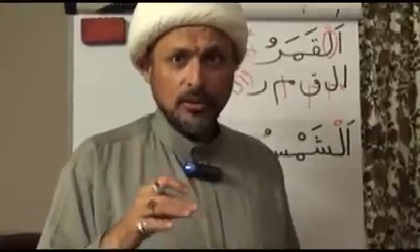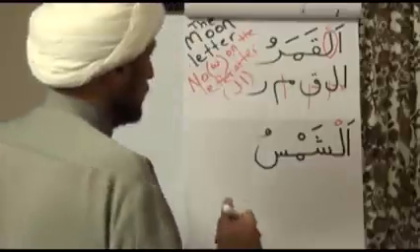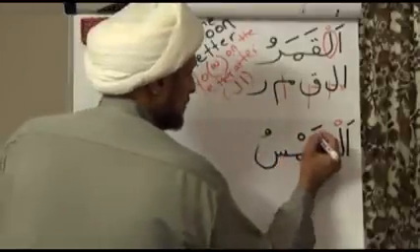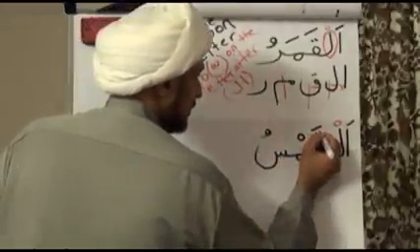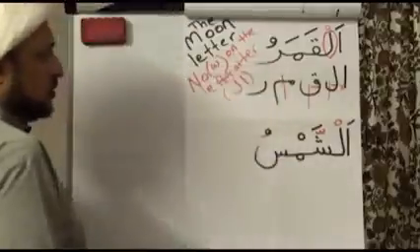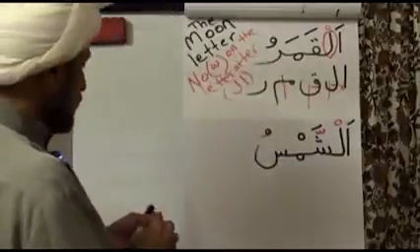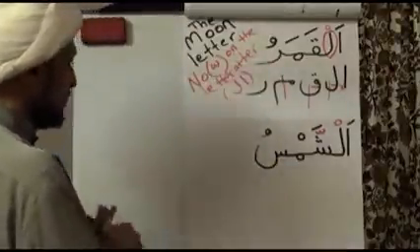Here, ash-shamsu. So there is this ash, lam has disappeared. So here, that means there is shadda here. So here's the thing. The sun, ash-shams, is the sun.